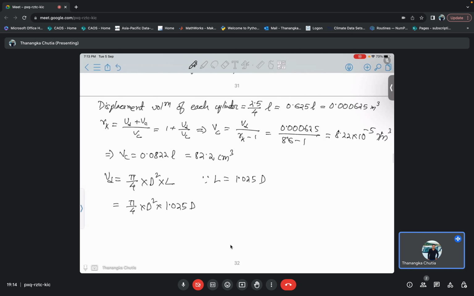So that means pi by 4 into 1.025 d cube is equal to Vd, which is equal to 0.000625. So from here d will be equal to (4 into 0.000625 divided by pi into 1.025) to the power 1 by 3 in meter.